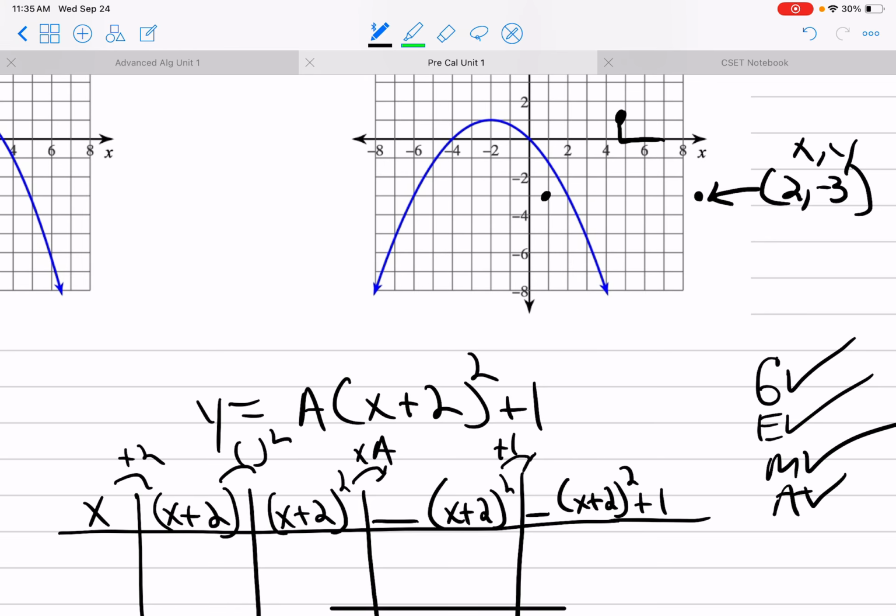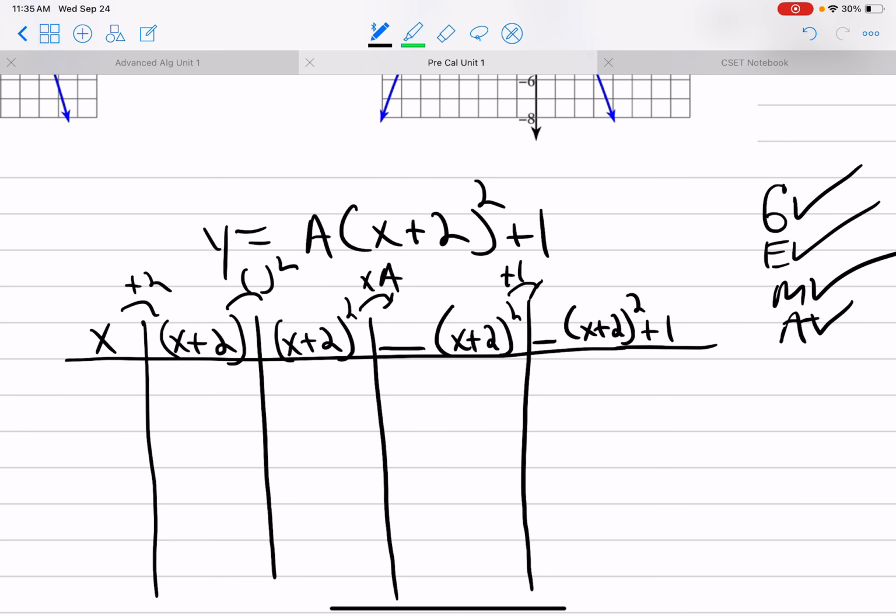What did I have from here? I have x is 2 and y is negative 3. So let's do that. X is 2, y is negative 3. All right, so let's start going forward. 2 plus 2 is 4. 4 squared is 16. 16 times a, can't do it because I don't know.